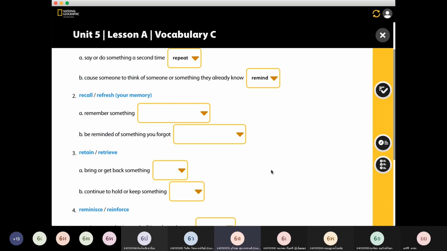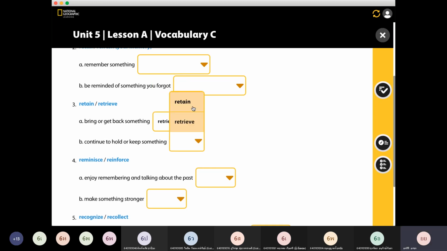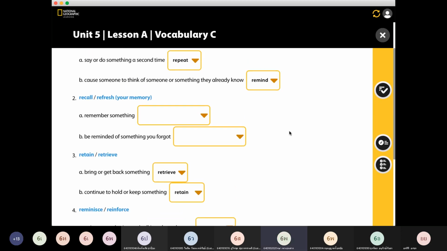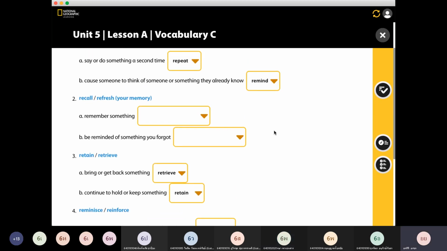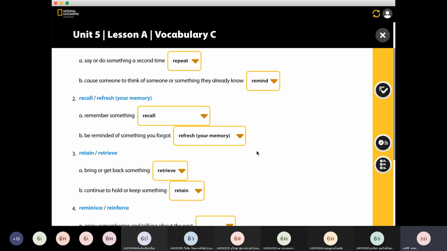3A, retrieve. All right, so you said bring or get back something. So retrieve. And another one should be retain. All right. 2A, recall. Okay, if you remember something, you recall, and you refresh to be reminded.